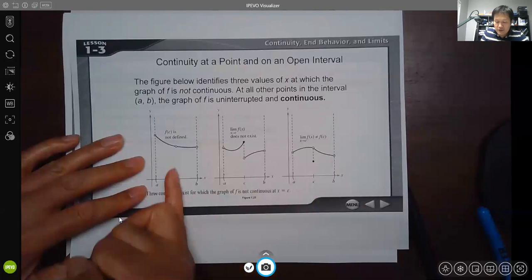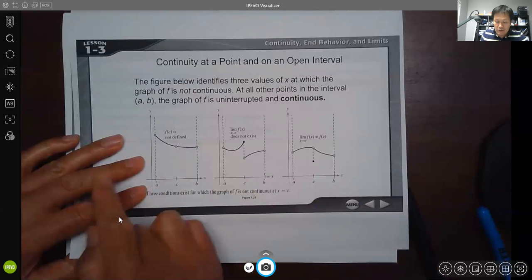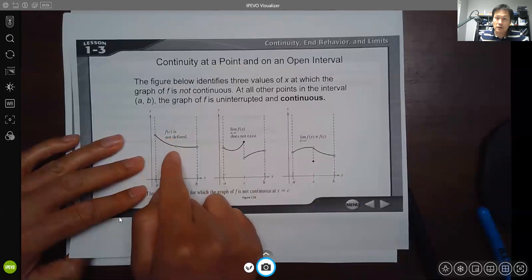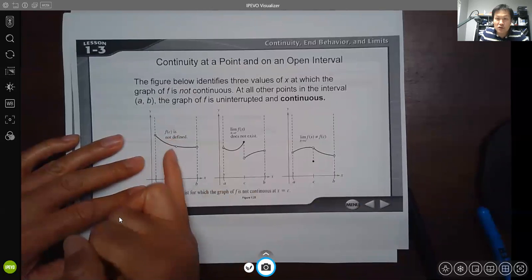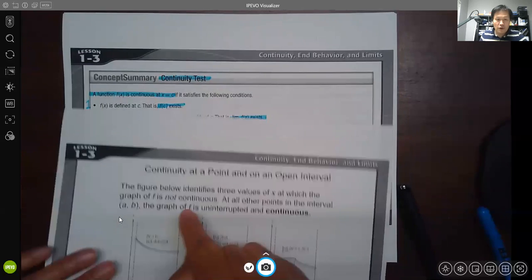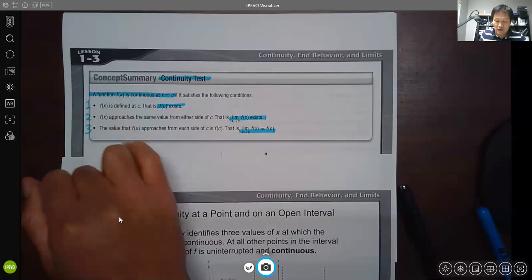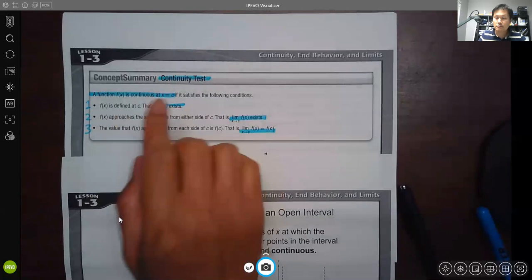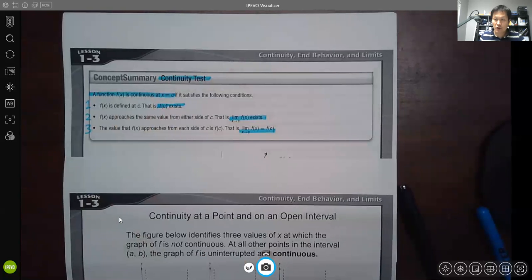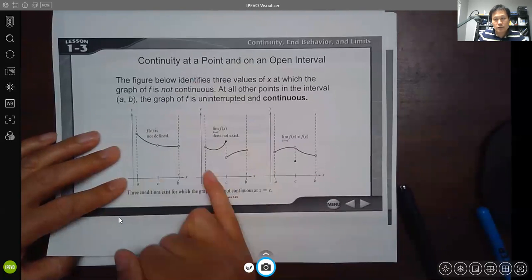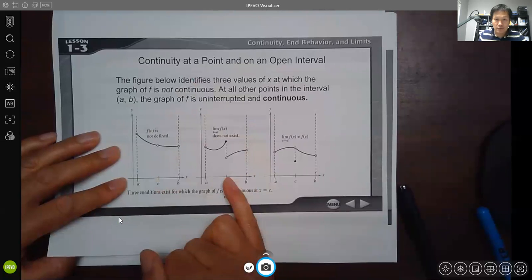So you look at it, f of c is not defined. When x equal to c, there's nothing there. So for the first graph, the first condition is busted. f of c does not exist, so it's discontinuous. Done.